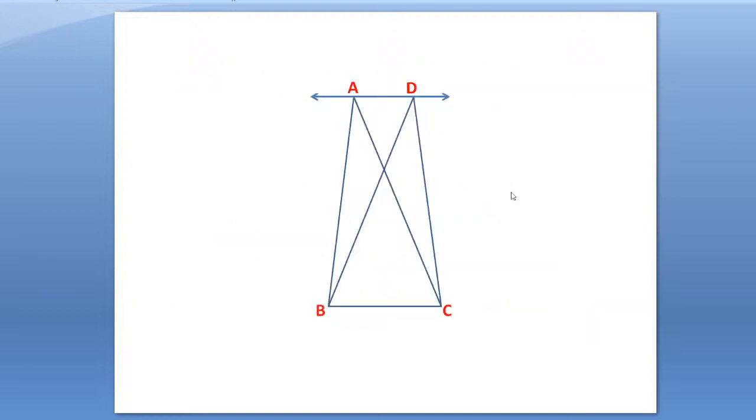So see here, A is the opposite vertex of the common side BC. A and D lie on a line which is parallel to the same base BC. And that's why we can say that these two triangles ABC and DBC are in between two parallels and have the same base.